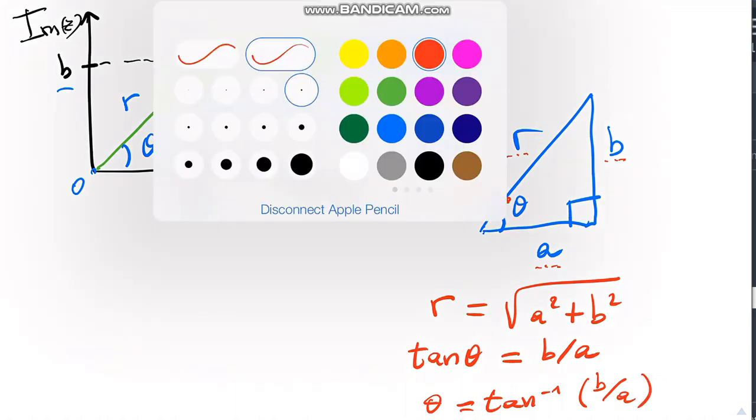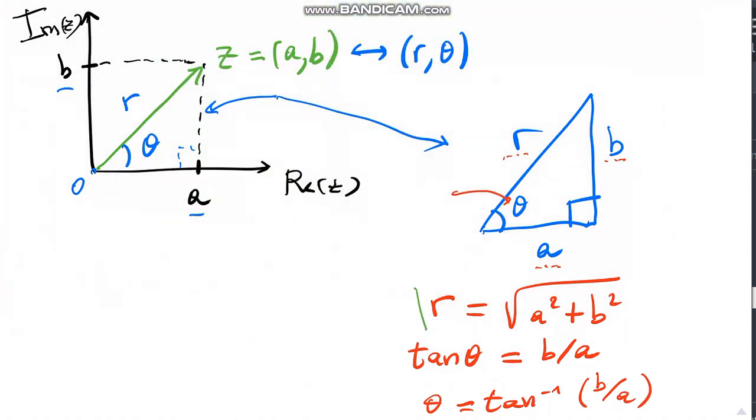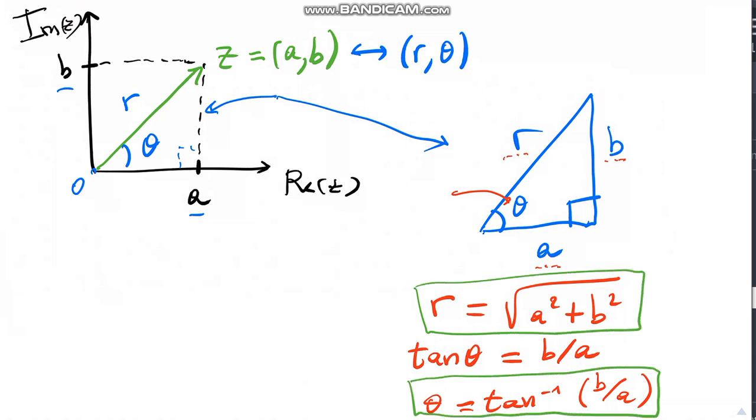And this gives us already two relationships that we can use. And in particular, if you look carefully, these two relationships allow us to convert from a, b to r, theta. So from rectangular to polar form.